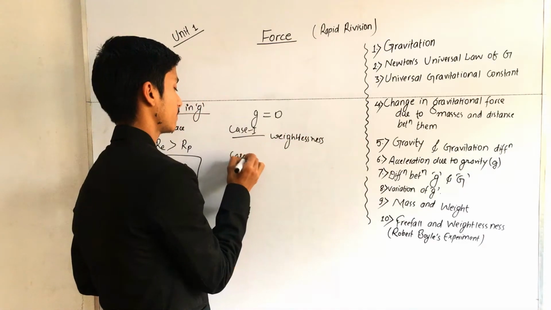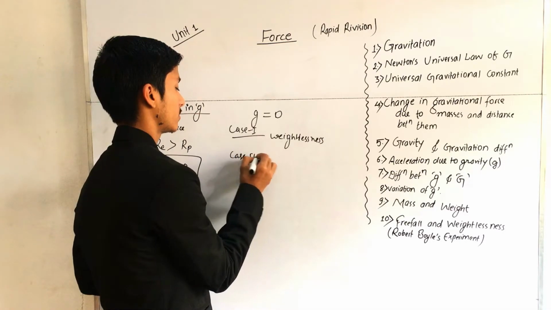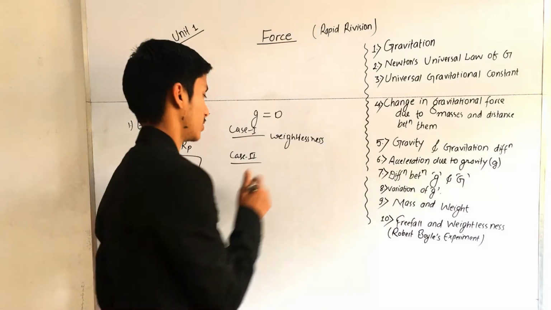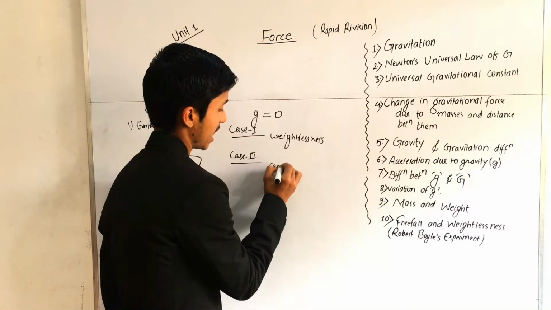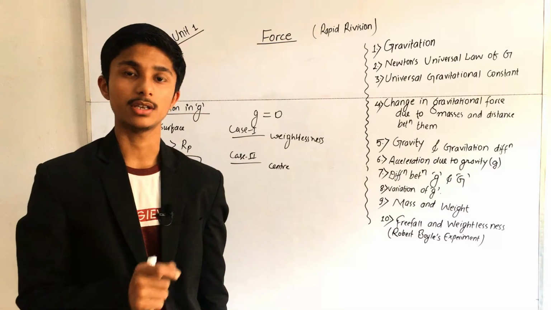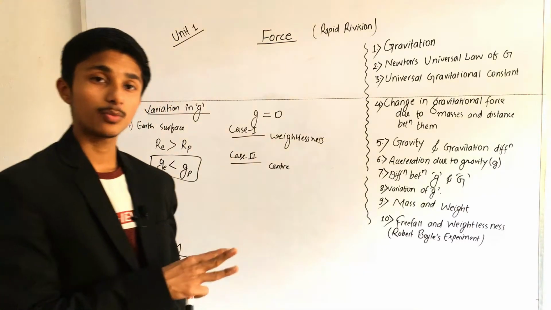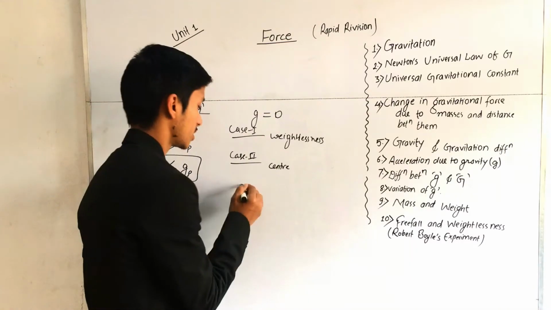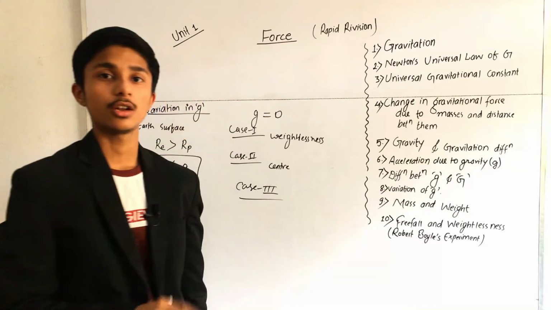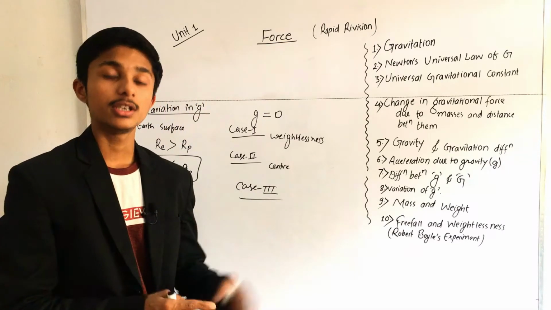Second case, at center of the earth or center of the heavenly body. At center, the value of acceleration due to gravity is 0. And third case is null point. It means in space.